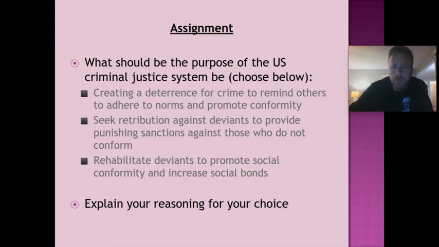So when we talk about rehabilitation, if you're in there for 2-3 years for a nonviolent crime, what should your rehabilitation be? Okay, if you're in there for a violent crime, but you're going to go back out into society, what kind of rehabilitation should we have for you within the criminal justice system?